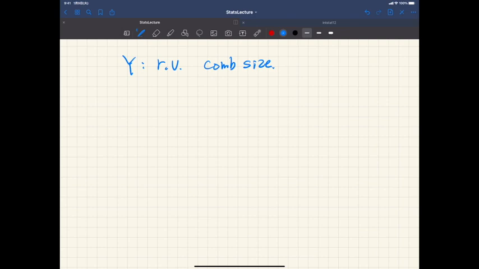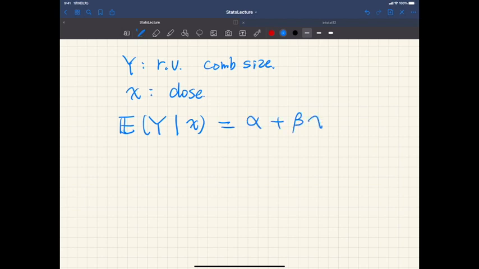Then x is the dose of androsterone, and what we expect as a relationship is something like this: the expectation value of y given the dose is given by this formula, alpha plus beta times x, where alpha and beta are parameters which are unknown at this moment and which will never be known. These are idealized parameters of an idealized world, of idealized models.